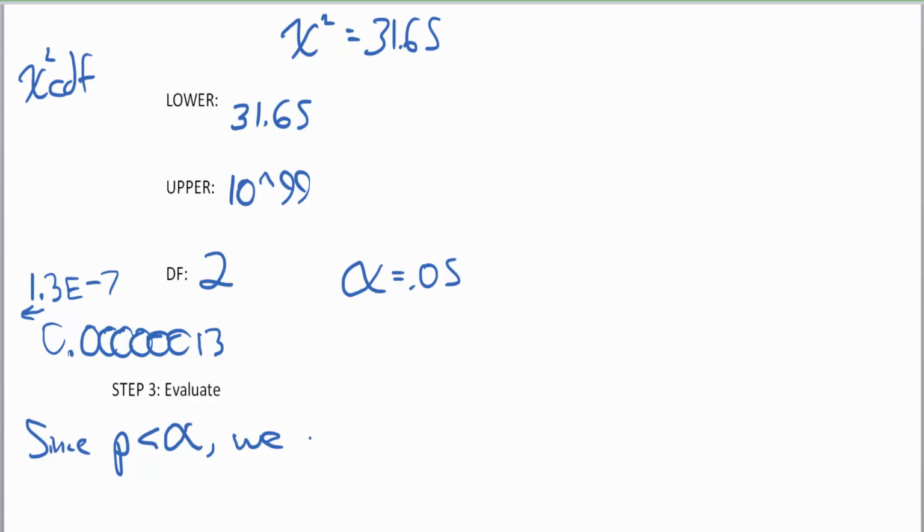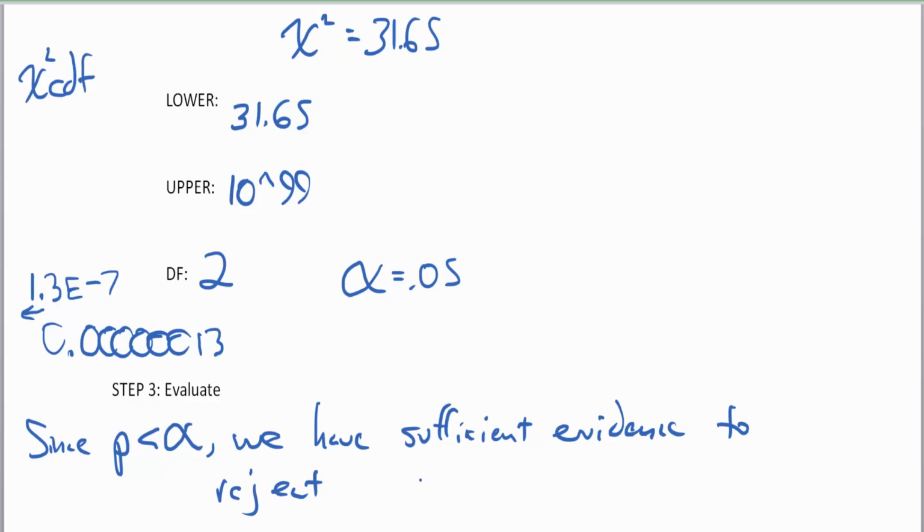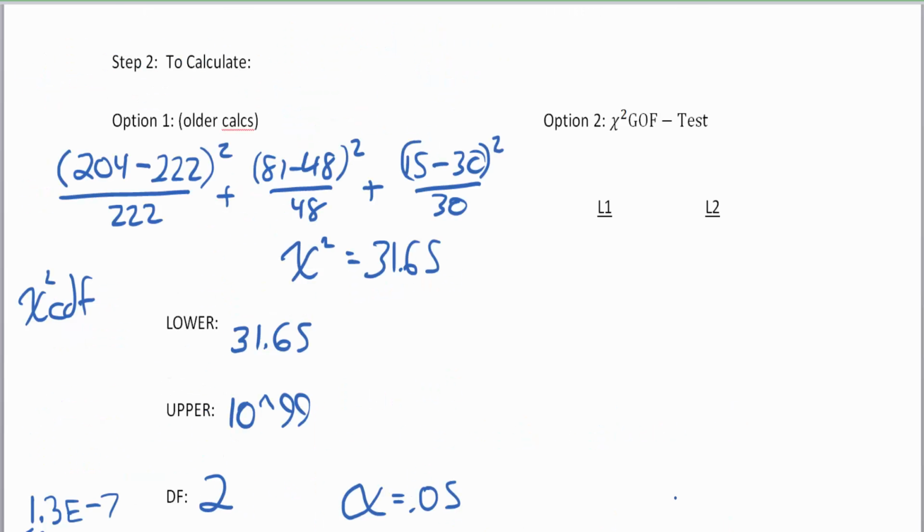We have sufficient evidence to reject the null hypothesis. Yep, those percentages are not good enough. We should not have had that huge discrepancy in the second and third columns.